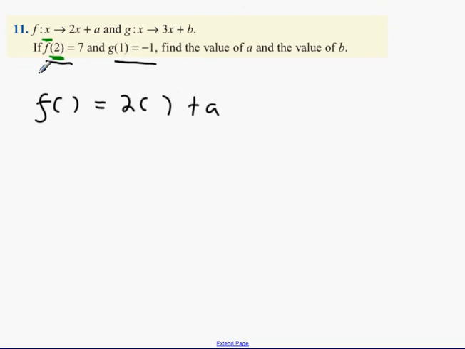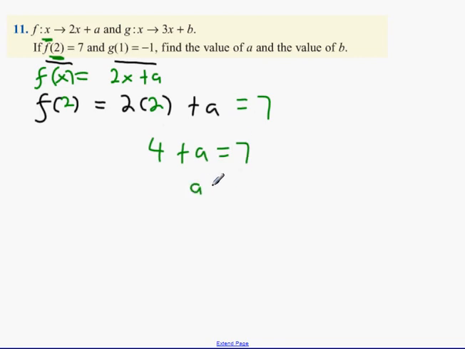See, f of x is 2x plus a. So what I want you to do with f2 is you replace x with 2. Okay? And this will equal 7. 2 times 2? 4 plus a equals 7. What's your a value? A value is going to be 3.